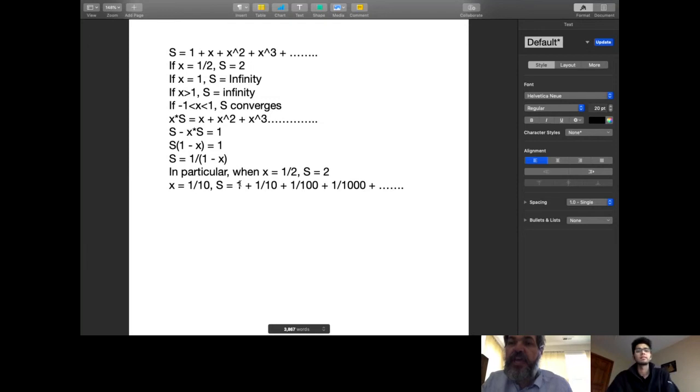Actually, let's write this using digits, like the decimal expansion. S was 1 plus 0.1 plus 0.01 plus 0.001, and so on. So in fact, it's 1.11111.